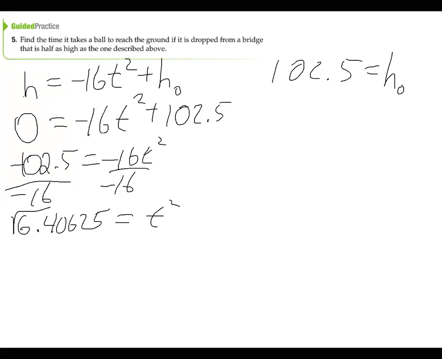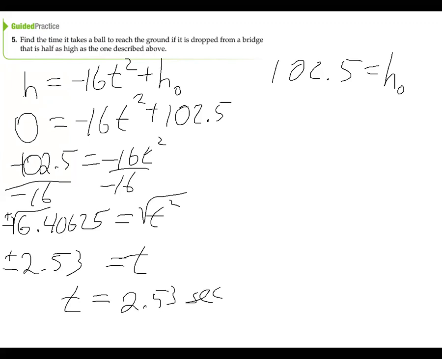Then you take the square root, account for the plus or minus, and you get t equals plus or minus 2.53. So since time can't be negative, it's t equals 2.53 seconds.